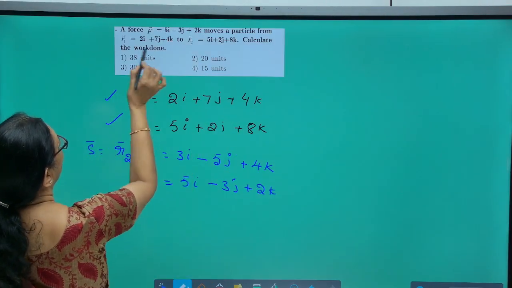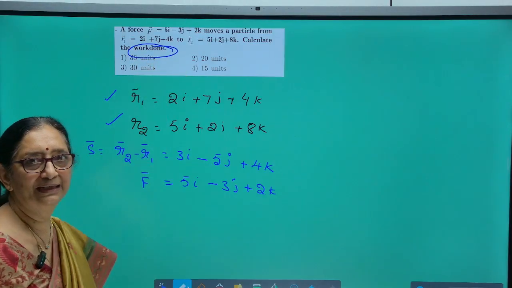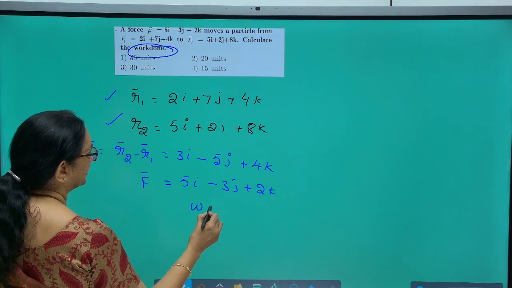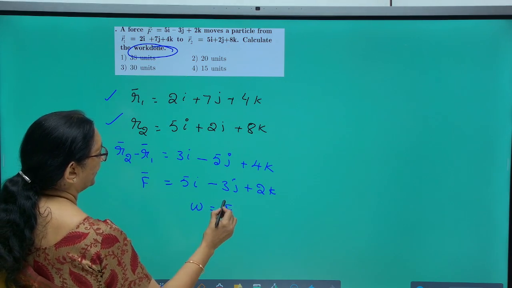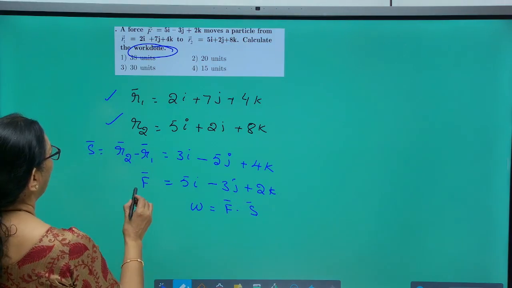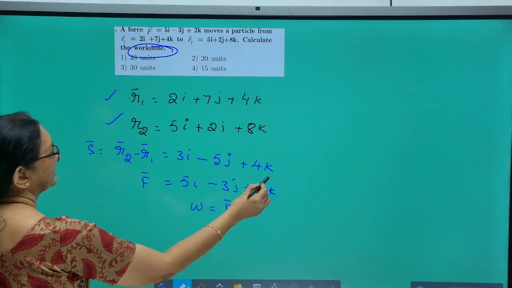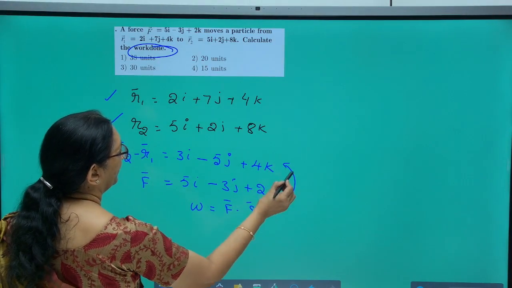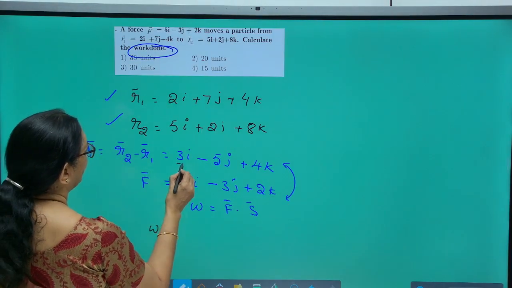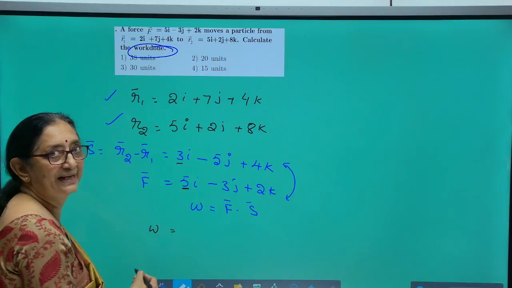What is asked in the problem? Calculate the work done. So we know from the definition, work is the scalar product of force and displacement. So we need to just find out the scalar product of these two vectors. Look here. So work done is equal to, we are finding the scalar product.